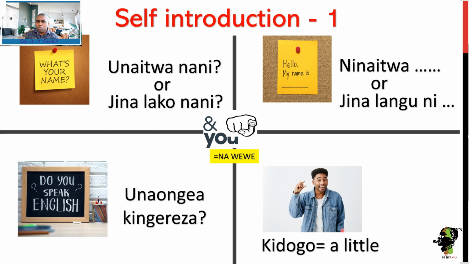You can pause the video, go back a little bit, get to the word yes, and then come and say yes, ndio. And then kidogo tu, kidogo, a little. For example, I might say ninaongea Kiswahili kidogo. Ninaongea, I speak, Kiswahili, Swahili, kidogo, a little bit.